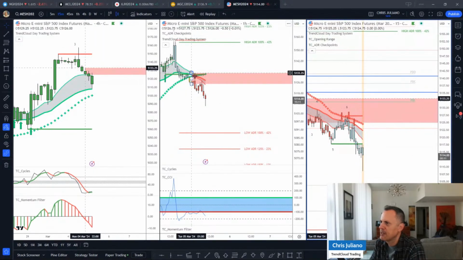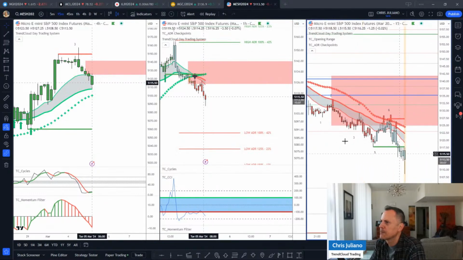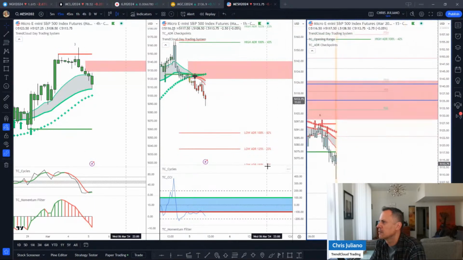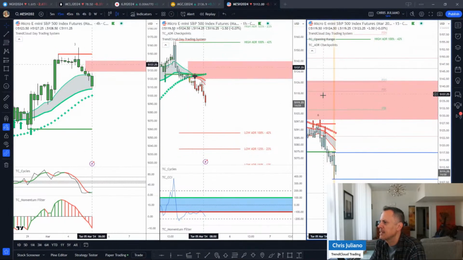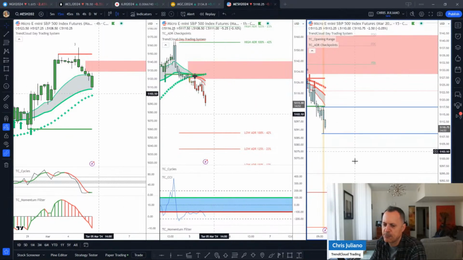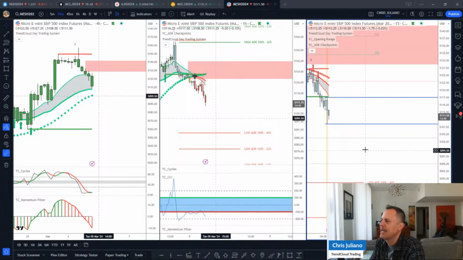I'm going to say this area in here, we're going to draw it like this. This is going to be that area in question. There's the opening range right there, 945. You see those lines get put on there automatically for you. And there you go. All right.